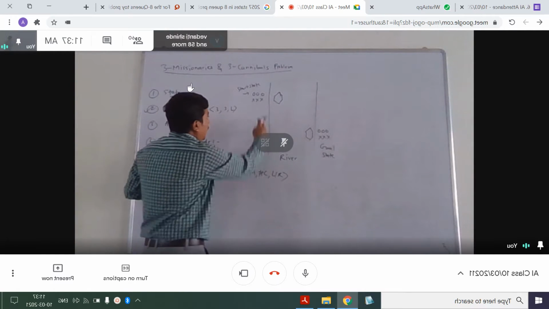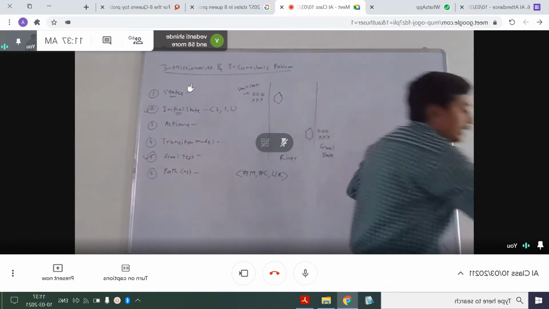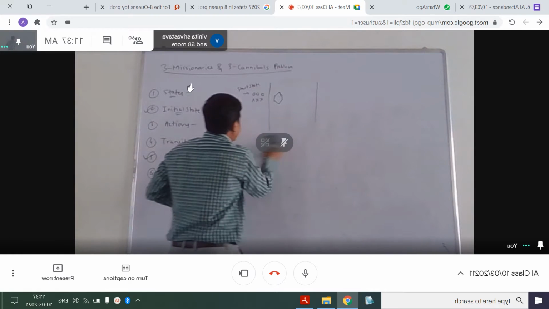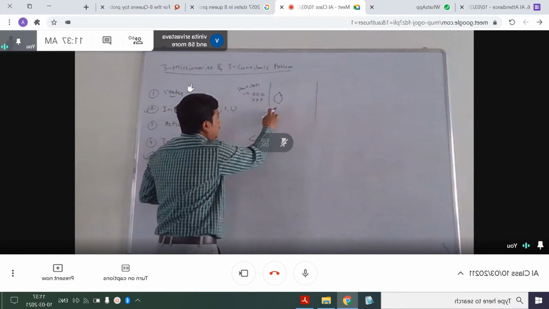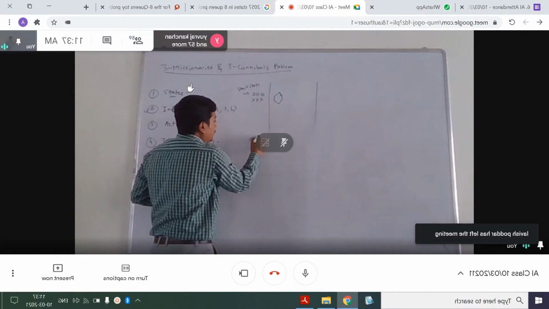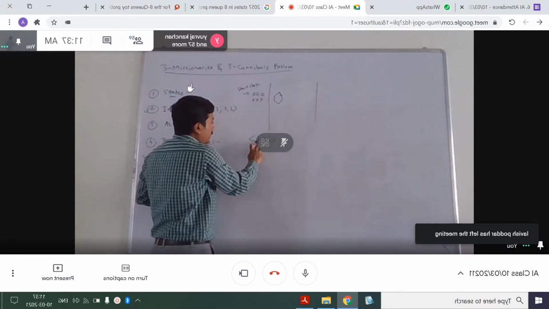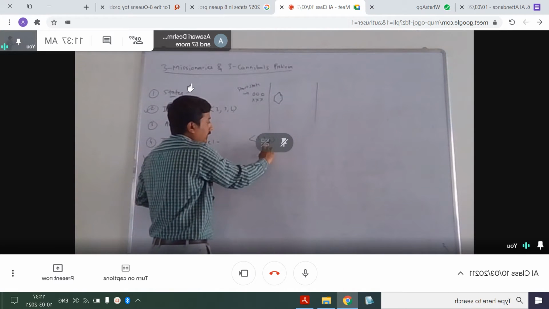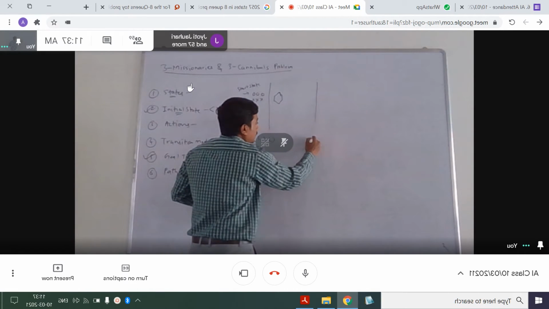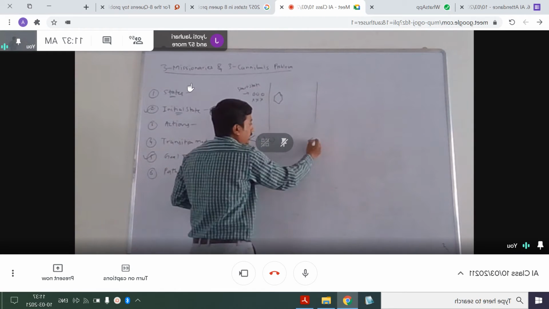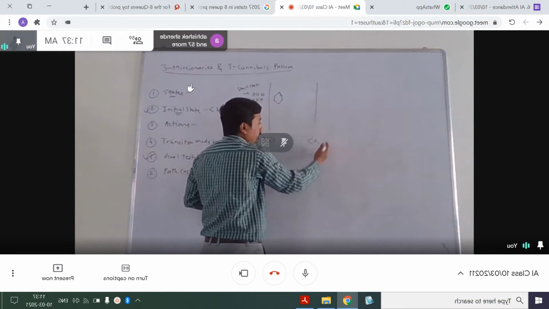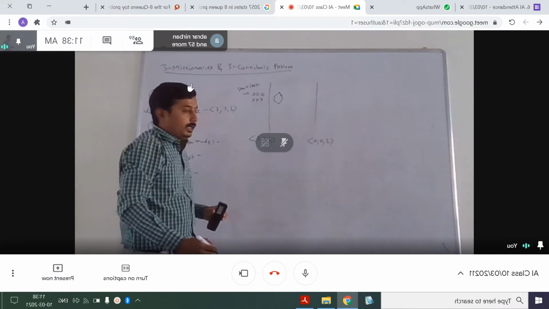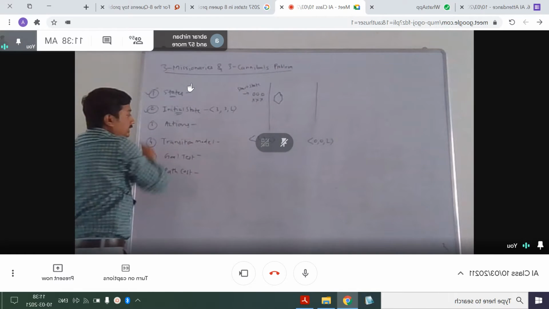Now if you consider the start state, the state of my left bank is: number of missionaries is 3, number of cannibals is 3, and the boat is on the left side. At the same time, the state of my right bank would be 0 missionaries, 0 cannibals, and no boat. Now we will find out how many states are possible.